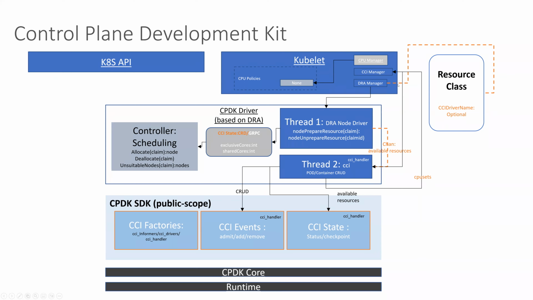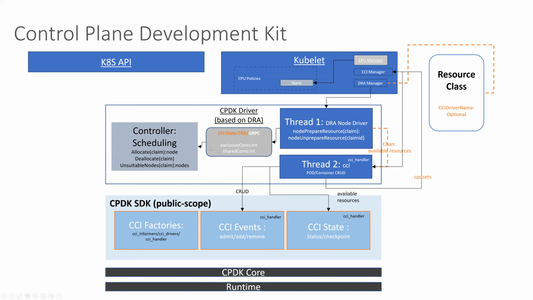We already started in the prototype pulling in the latest discussion points. So the CCI manager is completely standalone. CPU manager is disabled or set to none. I still did not implement the CRD communication back to the scheduler controller. I'm running just on one node.